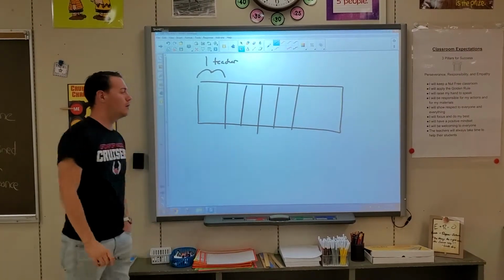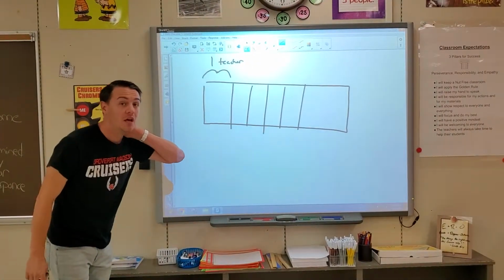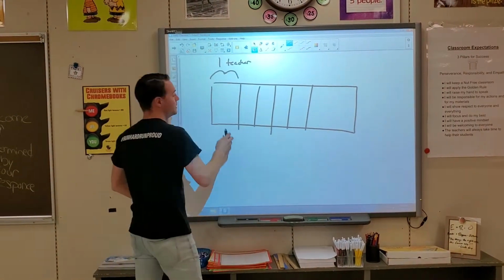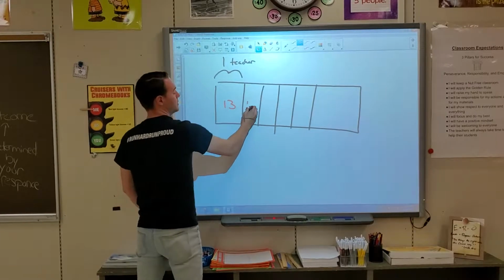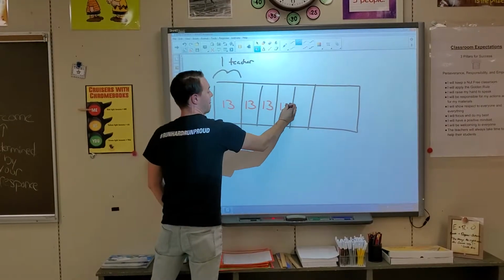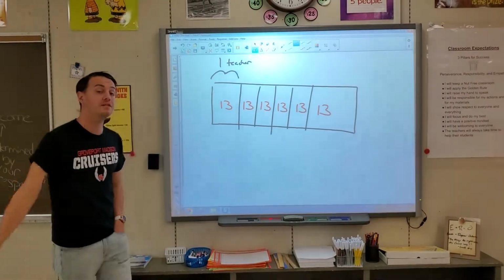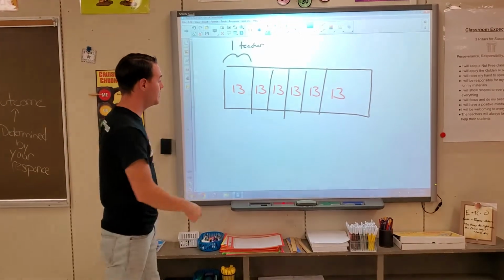So if I need to know, okay, there are going to be 13 teachers, how many students would that make? Well, if I know there's going to be 6 students for each 1 teacher, I just put a 13 in each one of these, and then I add them up, and I'll have exactly how many students I need to be in there.